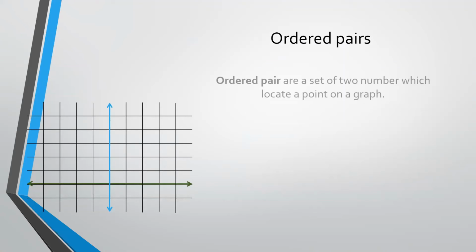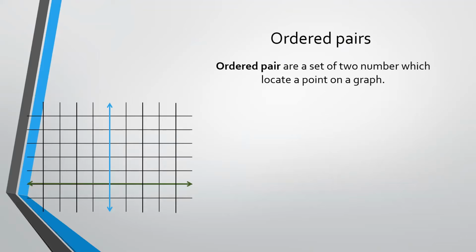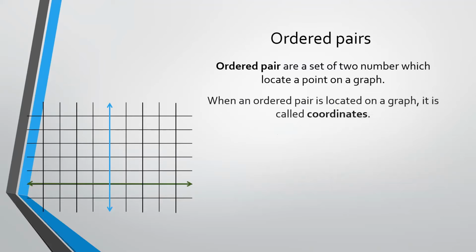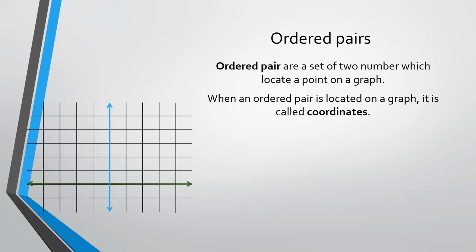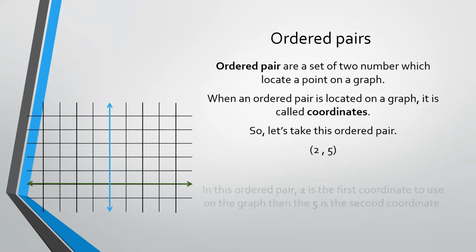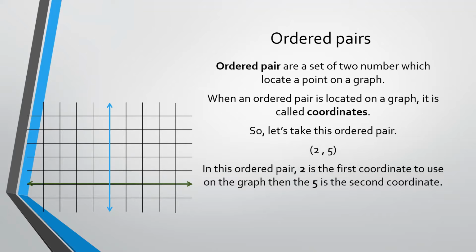Ordered pairs. Ordered pairs are a set of two numbers which locate a point on a graph. When an ordered pair is located on a graph, it is a coordinate. So let's take this ordered pair, 2 and 5. In this ordered pair, 2 is the first coordinate to use on a graph, and then 5 is the second.